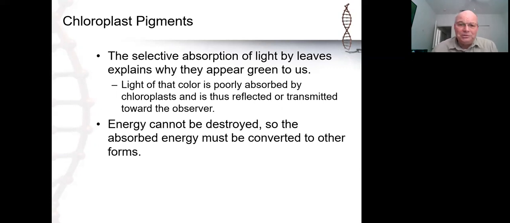If a wave bounces off something, no energy is transferred. But when two particles collide, energy is transferred. And so when the particle of light, the photon, collides with the electron as a particle, there is a transfer of energy. And this is, of course, the first law of thermodynamics.